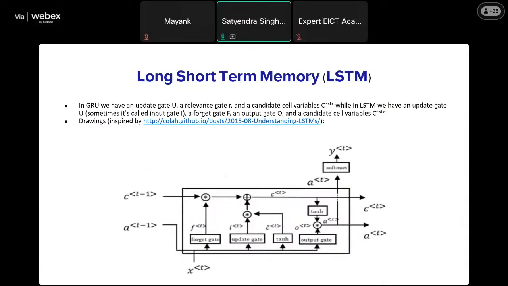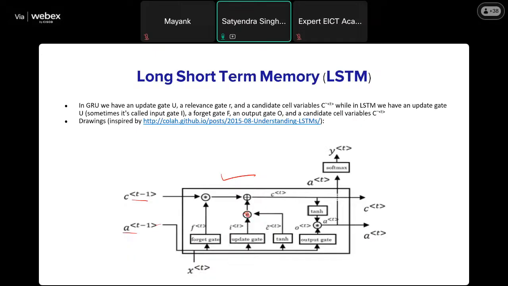And this is a diagram for it. C(t-1) and A(t-1) are the two things that pass to each unit, where A(t-1) and X(t) are taken and used to calculate the forget gate, update gate, and output gate. The forget gate and update gate determine whether it is going to be updated or not.